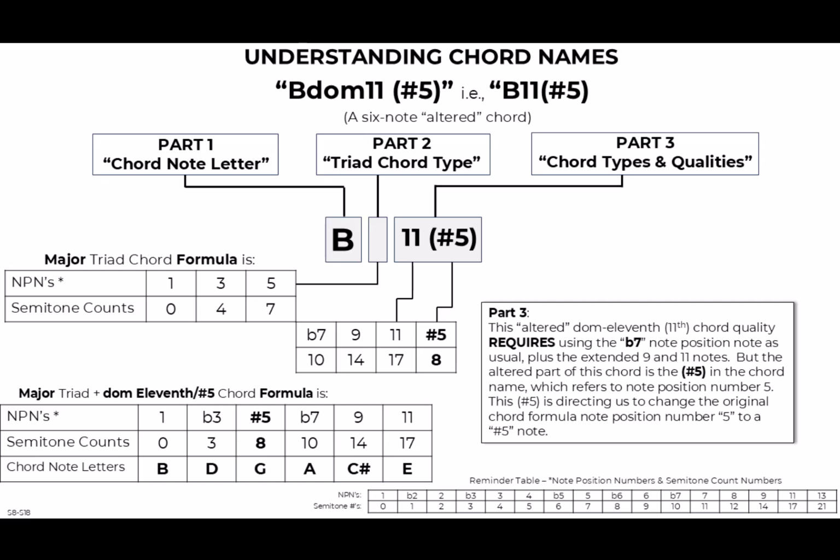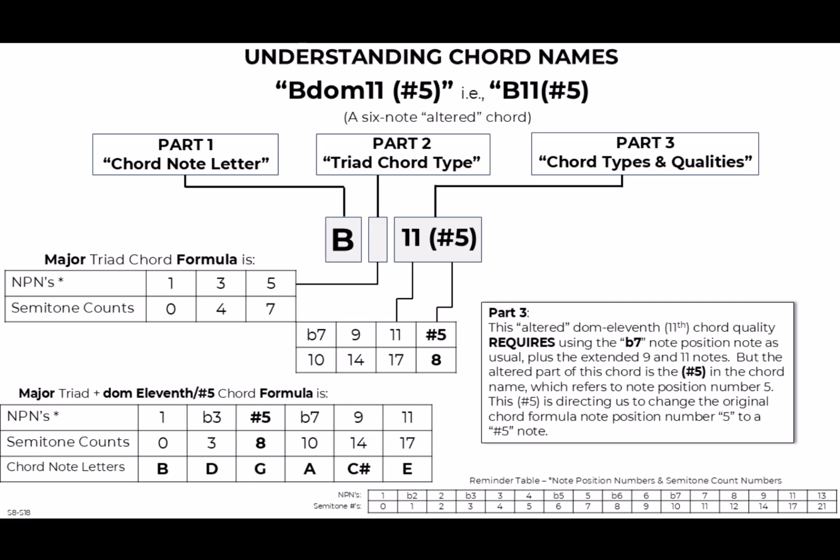Thus, a B11 sharp 5, and that is a B dominant 11 sharp 5 chord, is formed with the notes B, D, G, A, C sharp, and E, no matter what octave I play them in. No exceptions, and they never change. Again, it's that simple. I know you're tired of hearing that, but hopefully you're getting the point.